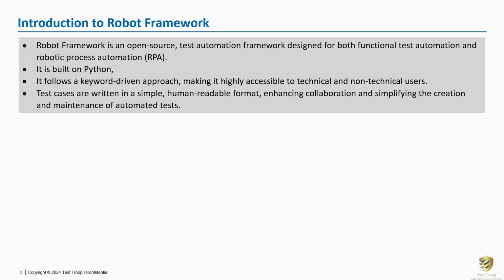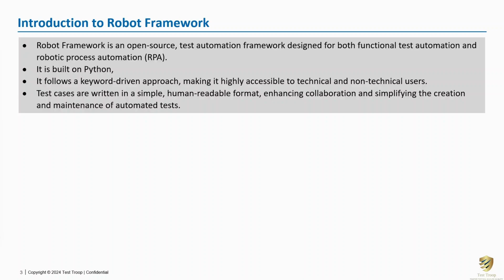Let us consider a simple example where you want to test logging into a website. With Robot Framework, you can write a test case in a simple human readable format. Your test case in Robot Framework might look like this. Open the browser, it may be Chrome, Edge, or Safari, whatever it may be. Navigate to the application by passing an application URL as a parameter. Find the username field and enter the username.